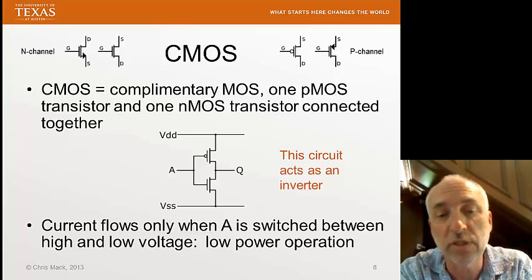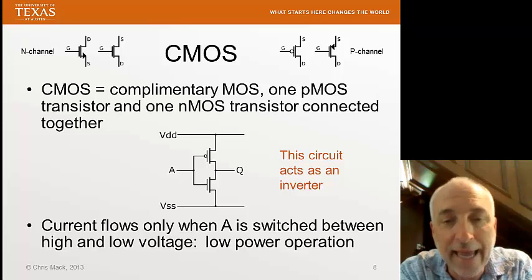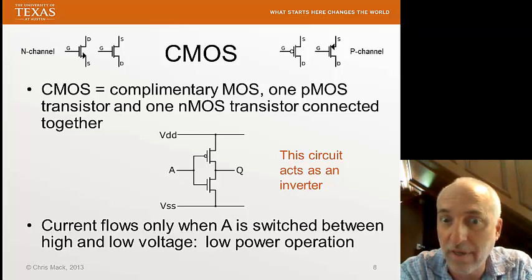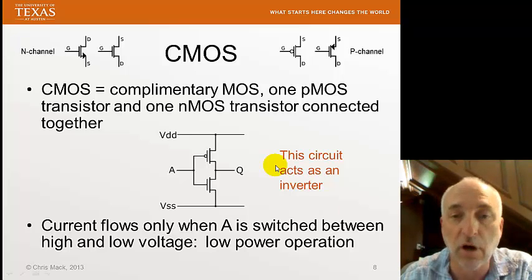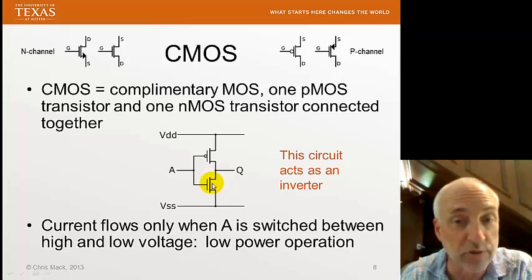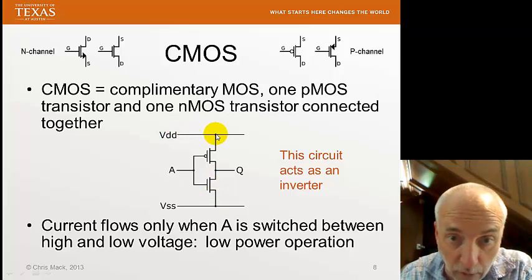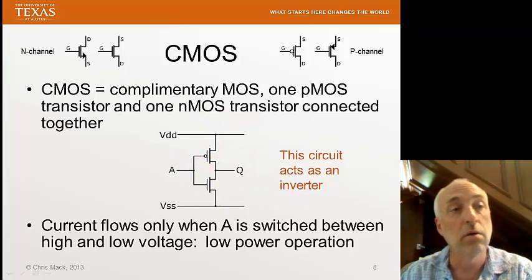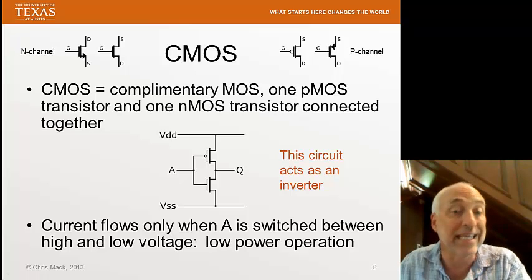Also, very important to note that at any setting of A, whether it's a high voltage or a low voltage, one or the other of the two transistors is turned off. So no matter how I set A, one of the PMOS or NMOS transistors will be an open circuit. So no current is flowing from VDD to VSS. I get essentially no current flowing in this circuit at all when it's just sitting there at either state.